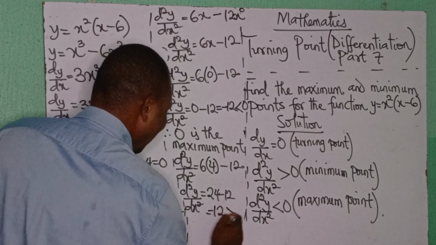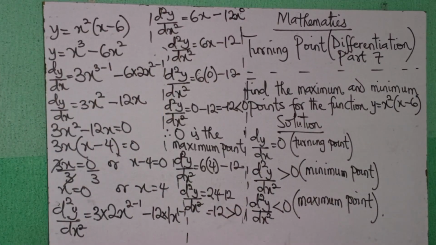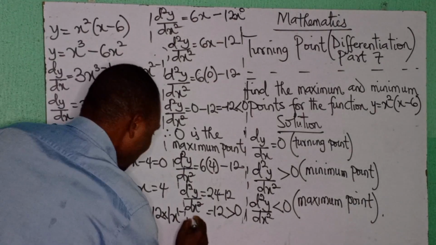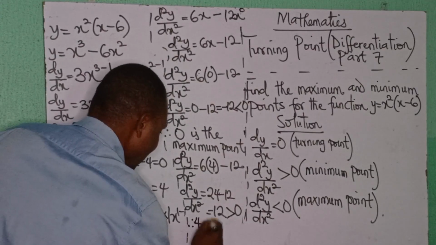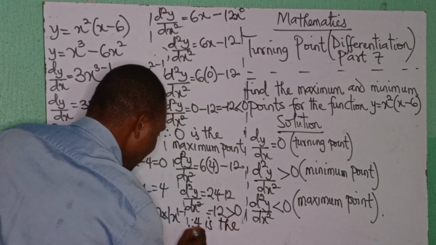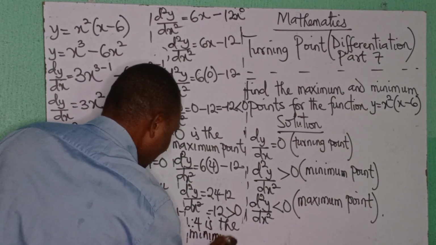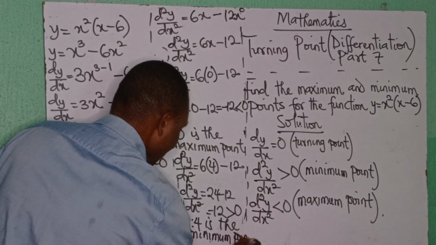So 12 is greater than 0. Now, since 12 is greater than 0, what does it tell you? It tells you that 4 here is the minimum point. So, therefore, 4 is the minimum point.